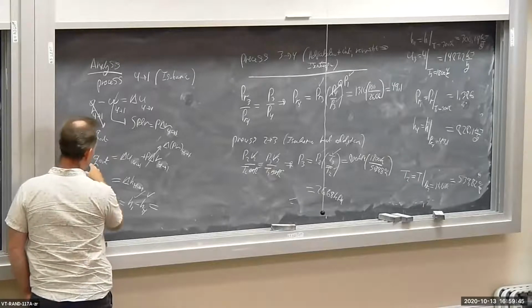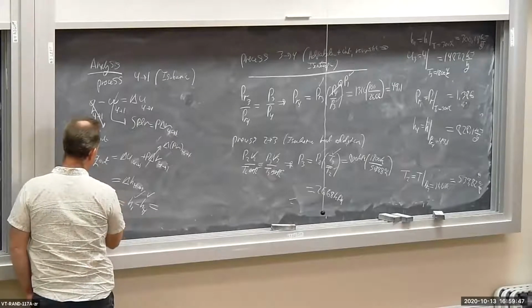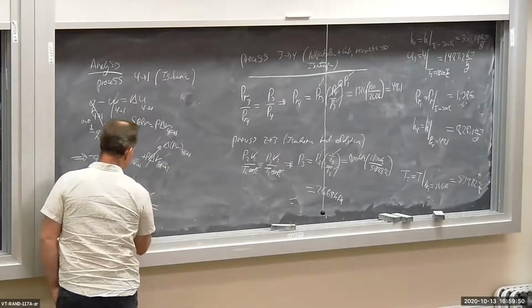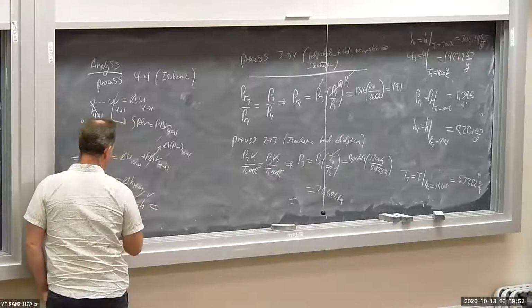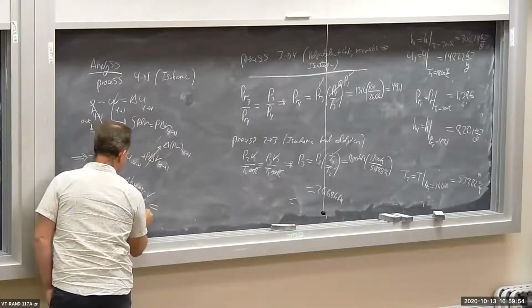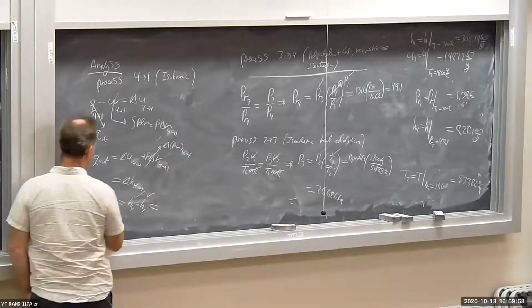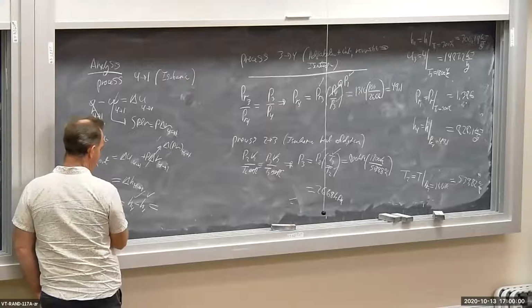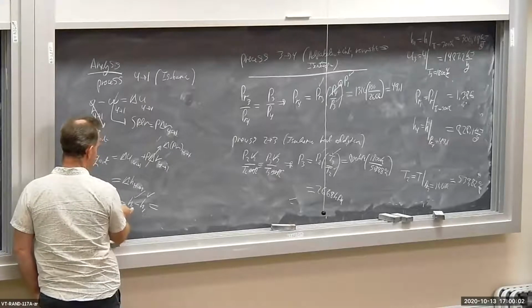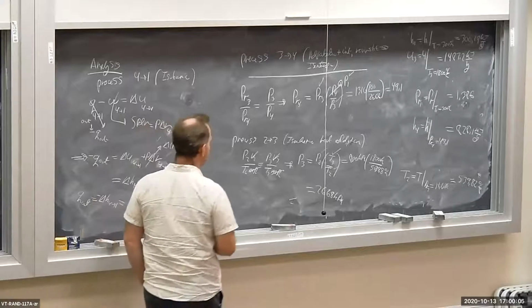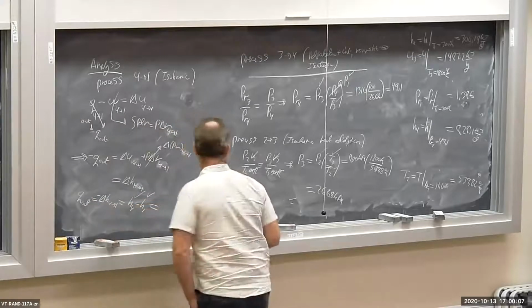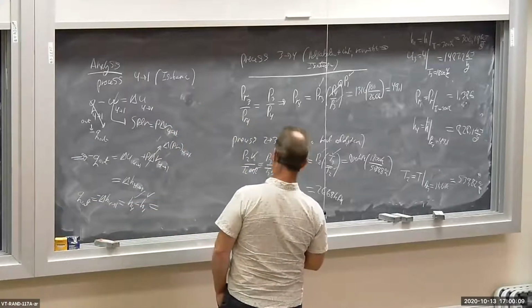Negative Q out, so I have negative delta H from 4 to 1. So this is going to be H4 minus H1, not H1 minus H4. Distribute the negative sign, okay? Delta H from 4 to 1 is H1 minus H4. Put a negative sign, I get H4 minus H1. This should be positive because it's Q out.